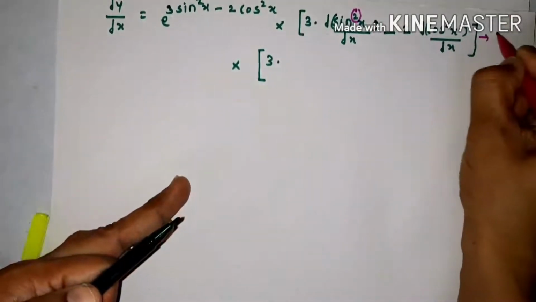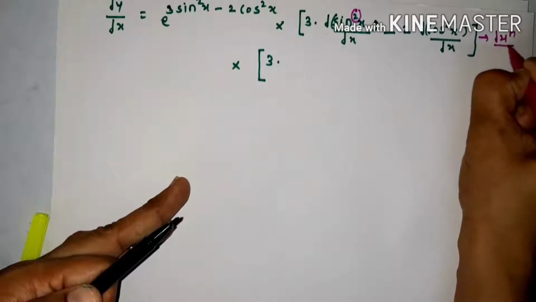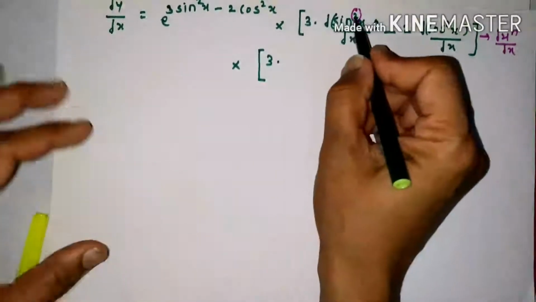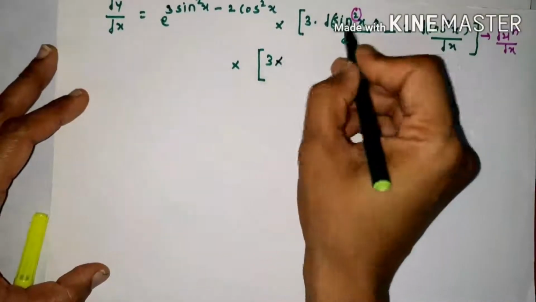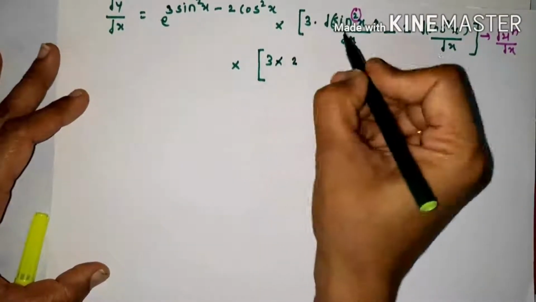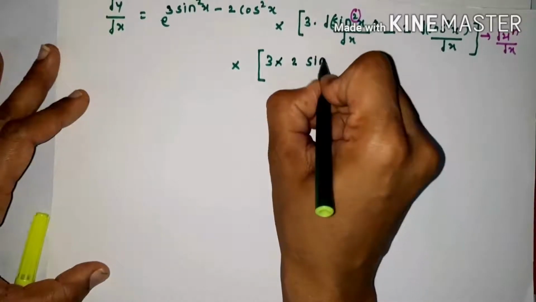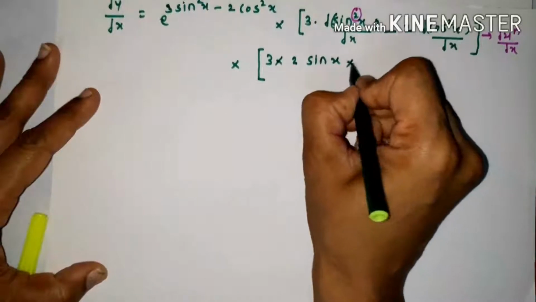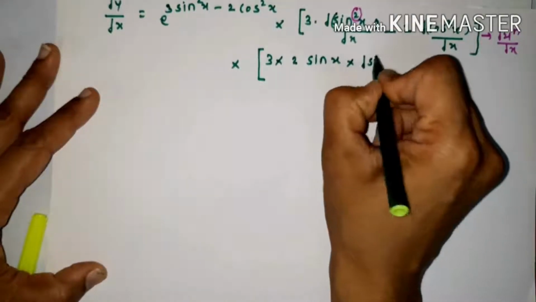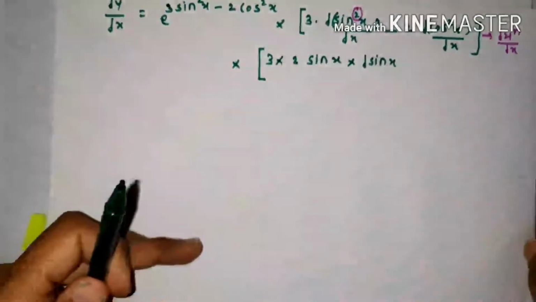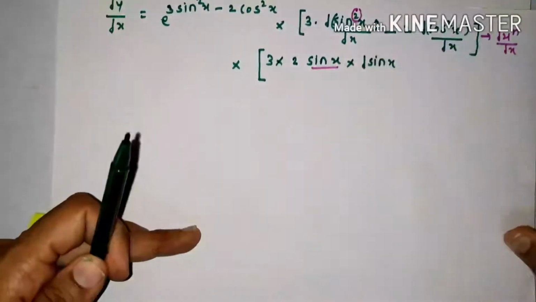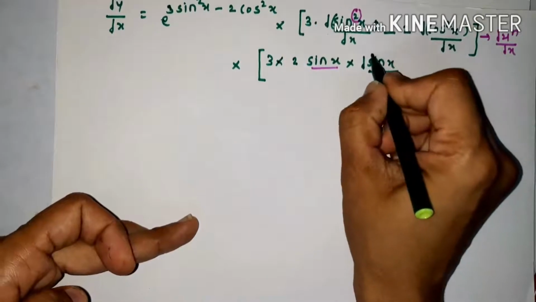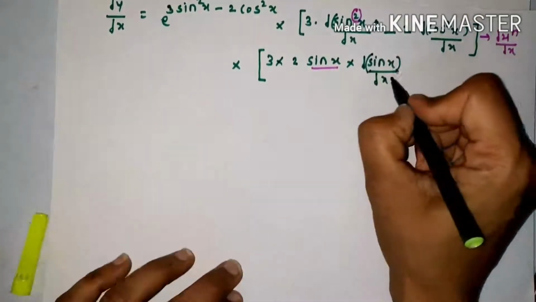By the power rule, the differentiation of x raised to n formula is n into x raised to n minus 1. Therefore the differentiation of sin square x is 2 into sin raised to 1 x, that is 2 sin x, into the differentiation of sin x, because this sin x is again a differentiable function, and that's why we have taken out the differentiation again, that is differentiation of sin x.